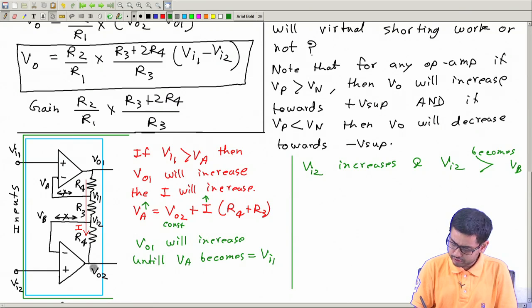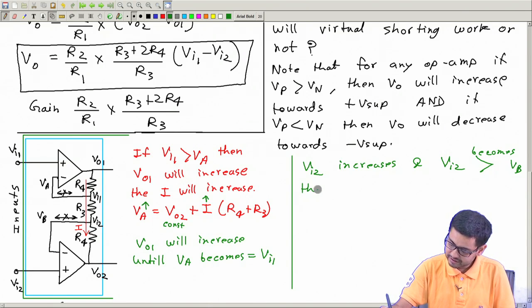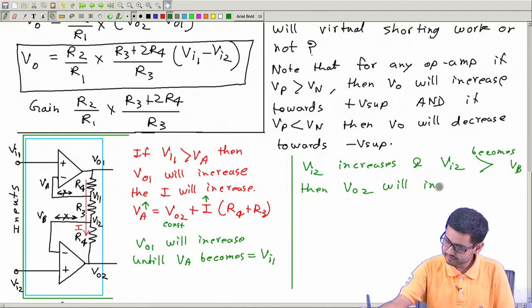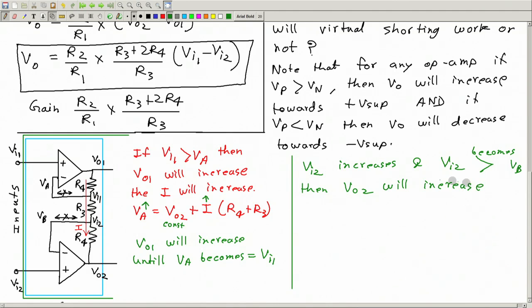Then VO2 will increase, assuming everything else remains the same. So VO1 is the same, and this is increasing, so the current I will decrease.